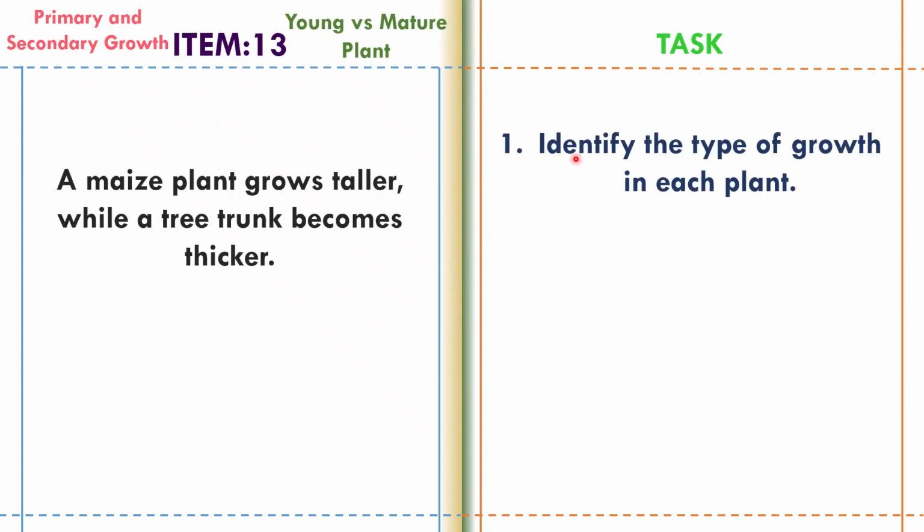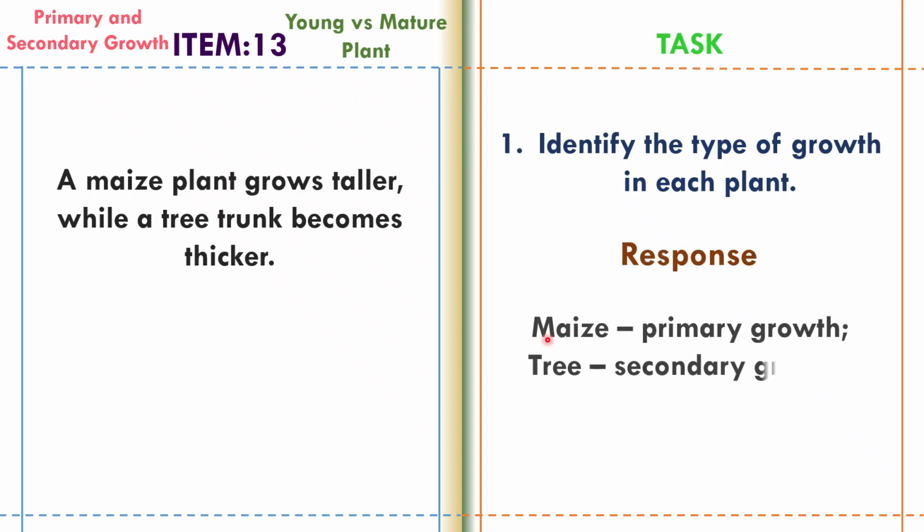Let's start with identify the type of growth in each plant. In maize, the type of growth is primary growth. In the tree, the type of growth is secondary growth.